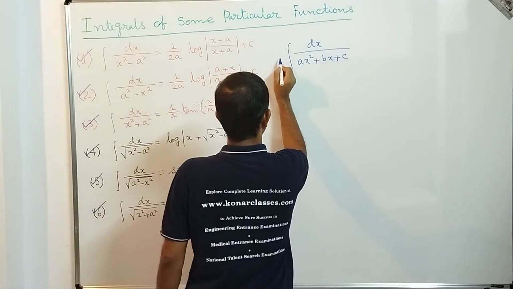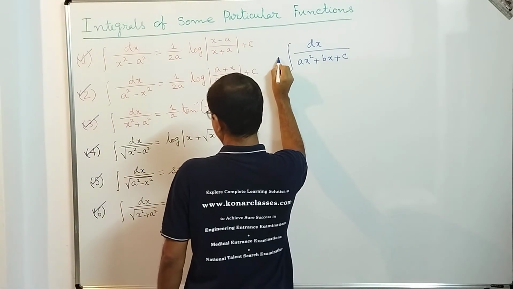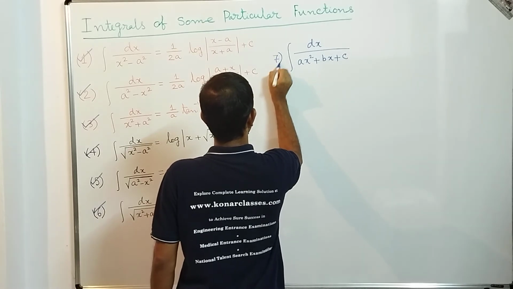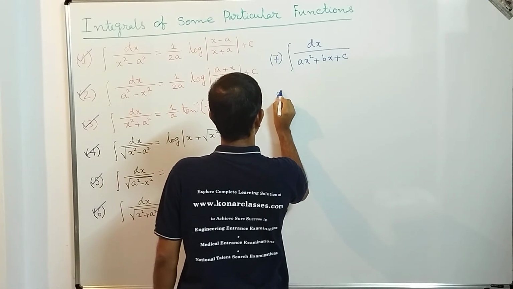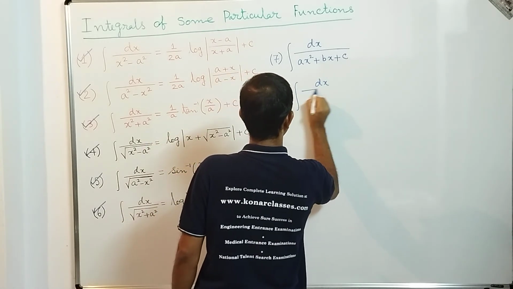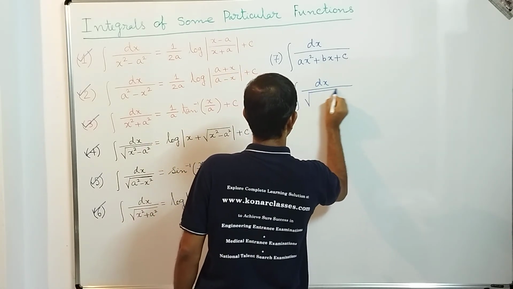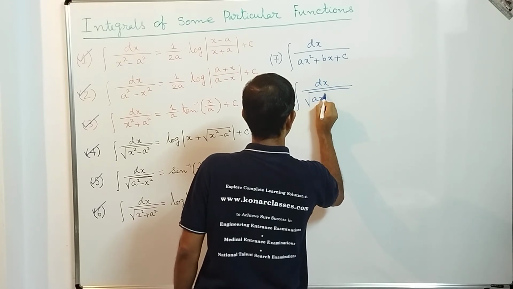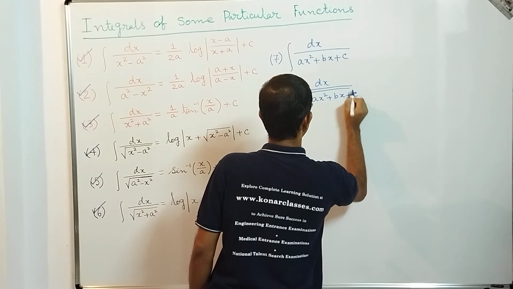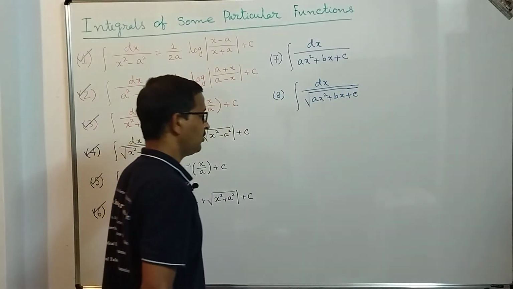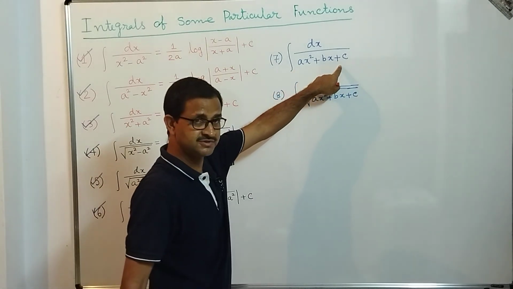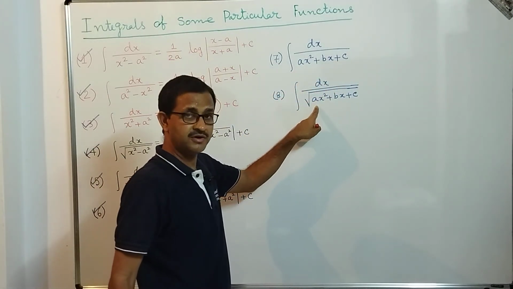This one form we can write as the seventh one. Then the eighth one we can write as the integration of dx by square root of ax square plus bx plus c, where a, b, c are real numbers, and this is the square root of a quadratic expression.